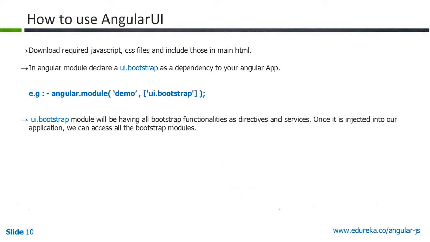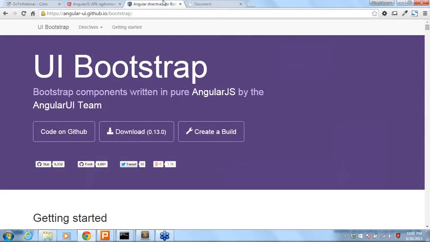Okay, so how does the Angular UI component work, and how can I use it? First, you have to download the JavaScript file of your UI Bootstrap component, because once you include this JavaScript file in your HTML, only then will you be able to access it in your application, right? So first you have to download UI Bootstrap from the Angular directives.